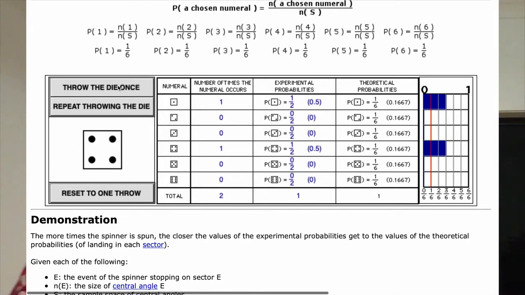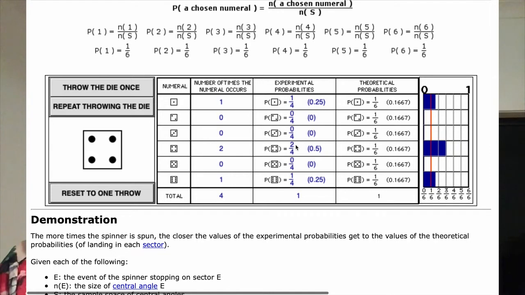So we're going to throw the dice again. A 4 has been rolled, and the 3 has not been rolled, so it's 0 out of 2 for the experimental probability. We throw the dice again, we get a 6. So again, we've got 0 out of 3 for our experimental probability.